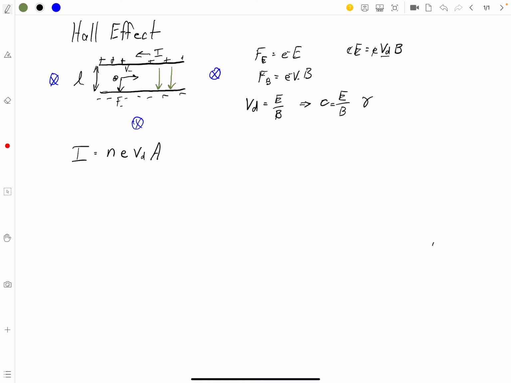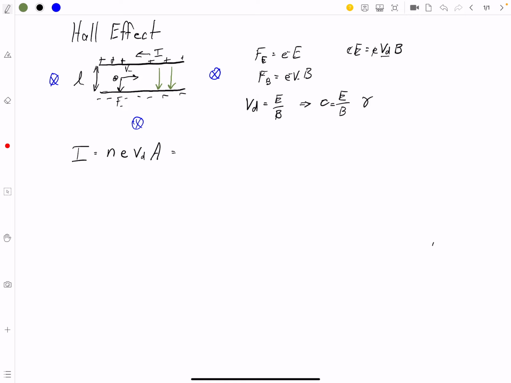Do I have a length for this thing? Did we give it a length? We've got an area. We've got a distance. Let's see what happens here. So this is true.